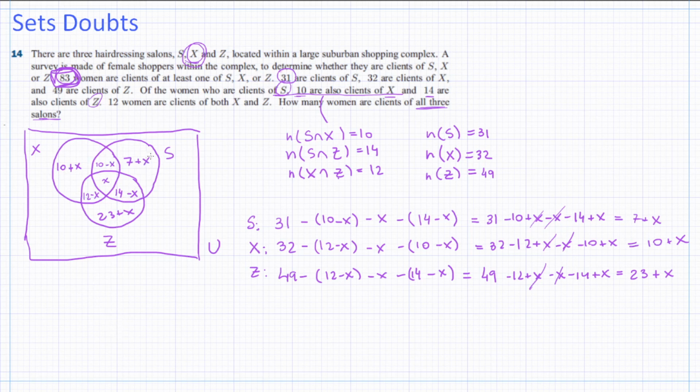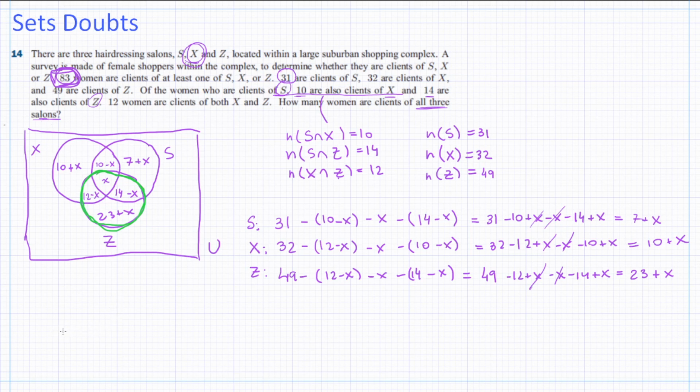So what I suggest, and what I'm going to do here, I'll take one set, let's say set Z, and I will consider this set, because I want to know what X is, but I know that this set Z contains 49 clients.